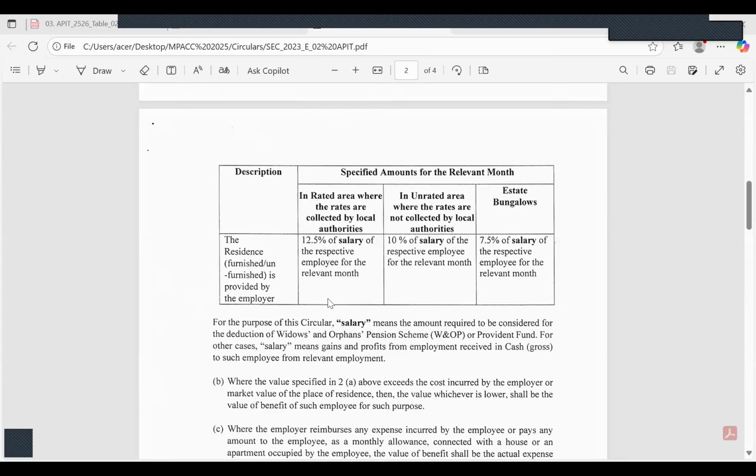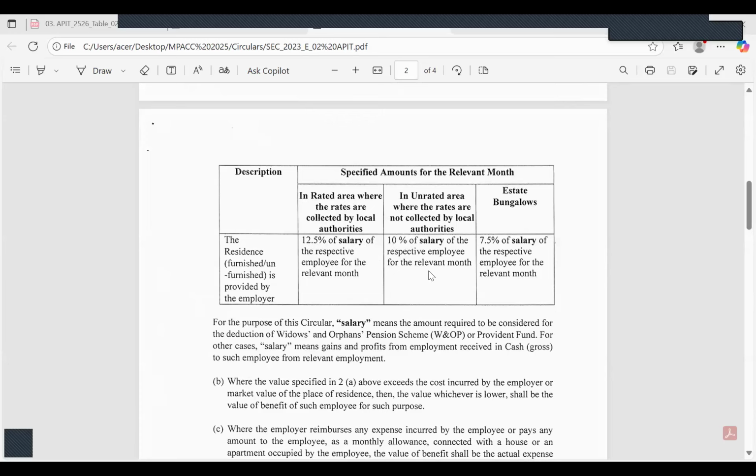The circular says to consider the 12.5% of the salary of the respective employee for the relevant month as a benefit. That means we should identify 12.5% of the salary as the benefit for that month. So if that building is in the rated area. If that building is in unrated area, then 10% of the salary should be considered per month.